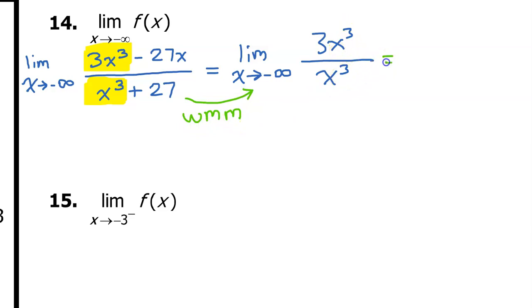Clearly, looking at this next step, we have x to the third power in the numerator and x to the third power in the denominator. These are going to cancel each other out. So our limit will now equal the limit as x approaches negative infinity of 3. And the limit of a constant is just that constant. So the limit is 3.